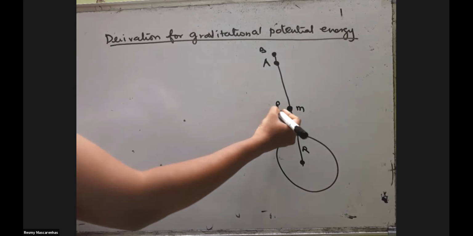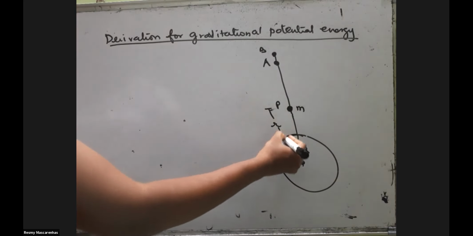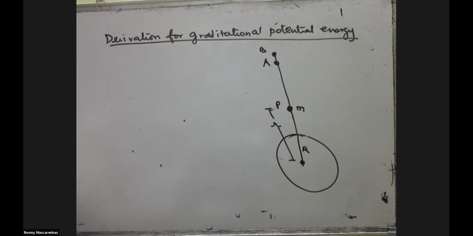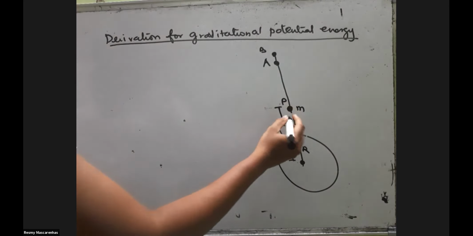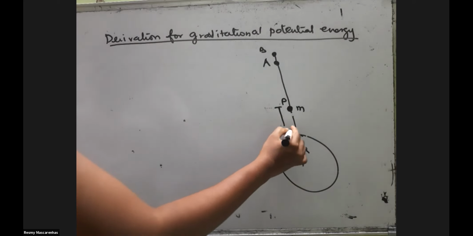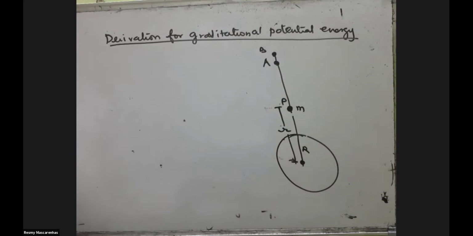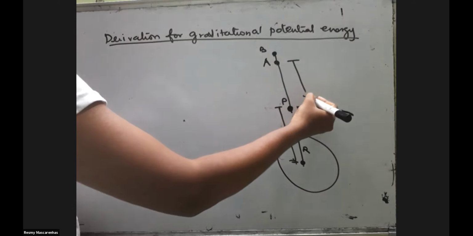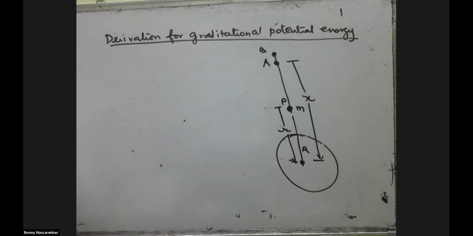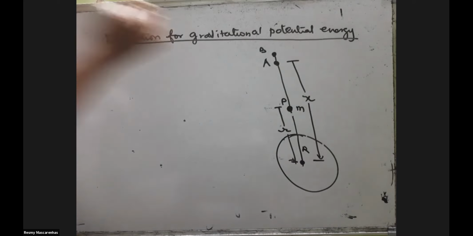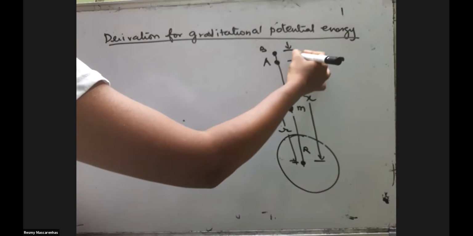From here to here, what is R I told you? This is from the center of this to this. Draw it in a straight line. This is point P. Draw it straight up. This is R. From here to here, however much effort you are taking, that is X. And small distances, dx.